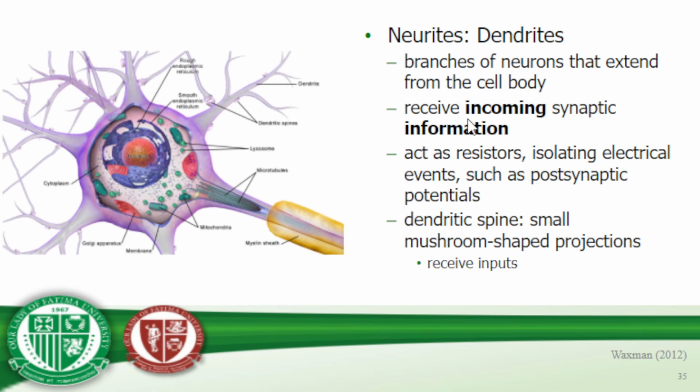Ang role niya is to receive incoming information, and ang tumatanggap ng information na yun are what we call dendritic spines. These are small, mushroom-like projections distributed all over the dendrite. Ayan, kalat-kalat sila all over the dendrite. Those are your dendritic spines. Diyan kumakabit yung axon terminal ng isang cell.